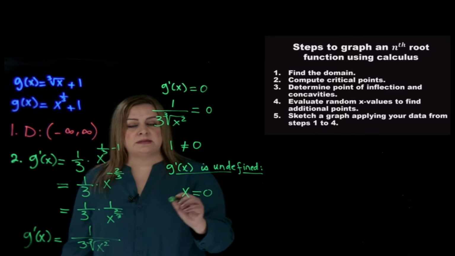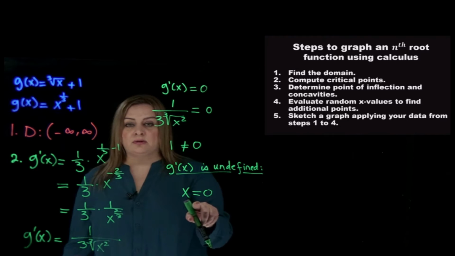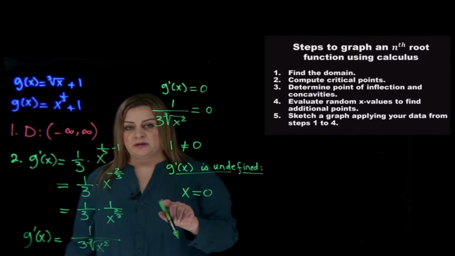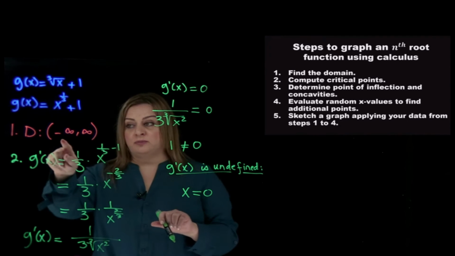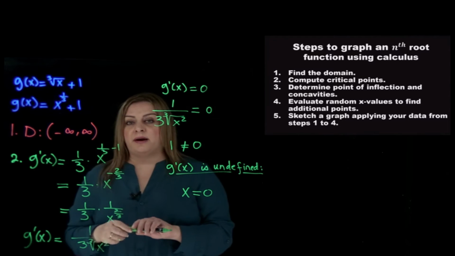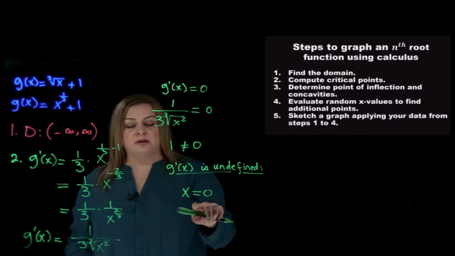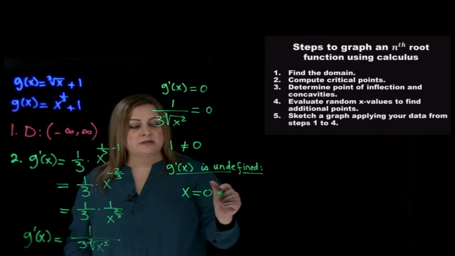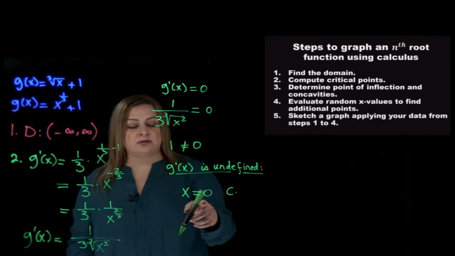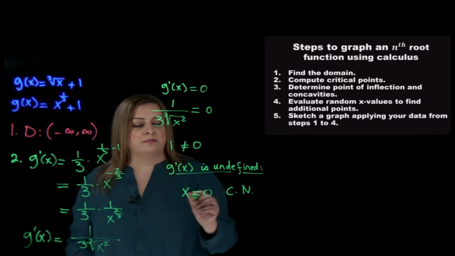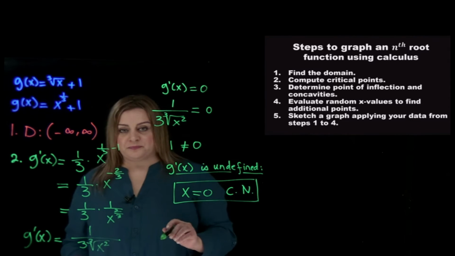Notice that x equals 0 is a critical number because it's in the domain of the original function, and by the definition of critical number, we have a critical number at x equals 0. So I'm going to label my value x equals 0 as a critical number and box this value so I may use it later.